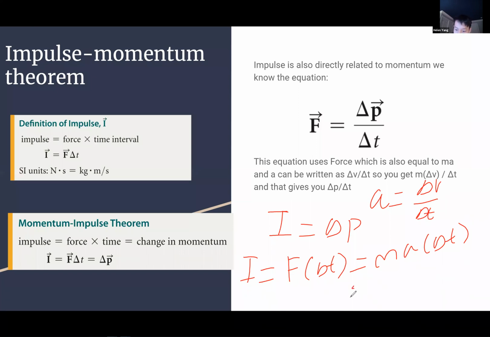So if you plug it into the equation again, you get mass times delta v over delta t, and then times the other delta t. You can cancel out the delta t, so you'd be left with I is equal to m times delta v, which is just the change in momentum. So that's how you get the equation: impulse is equal to the change in momentum.